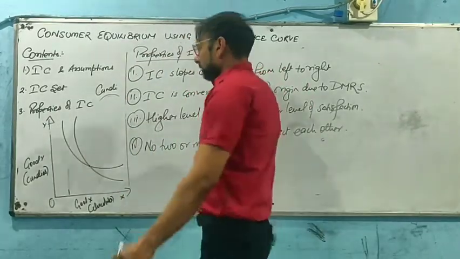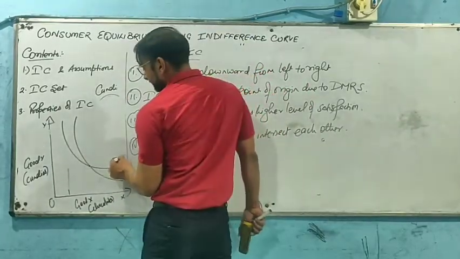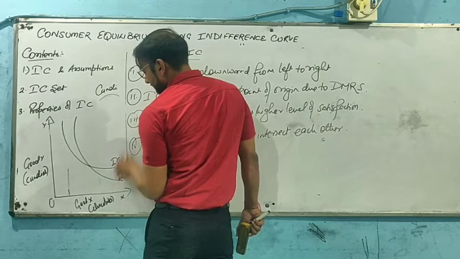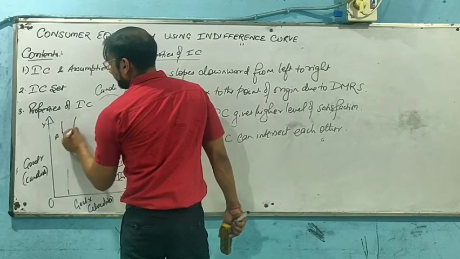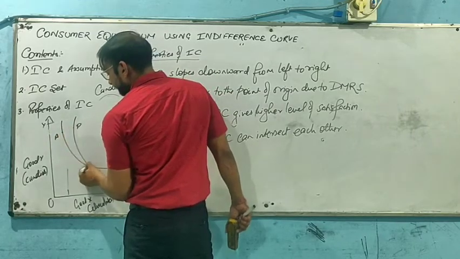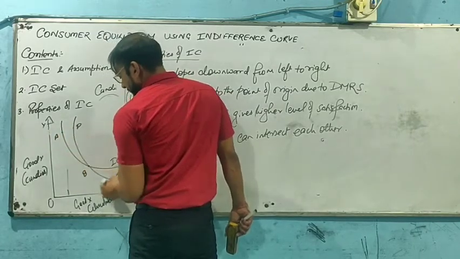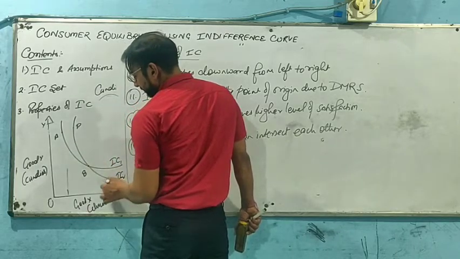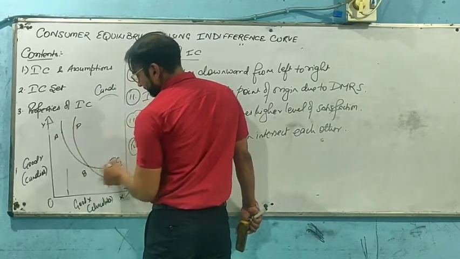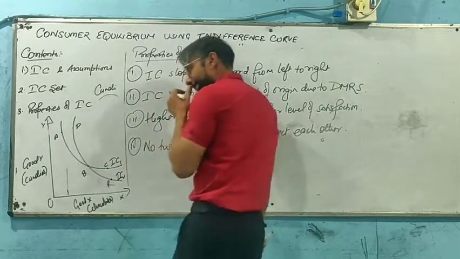Okay? If they intersect, so this is the IC1, this is the IC2. Now, I make a point over A, this is the point P, this is the point B, and this is the point R, and this is the point C.